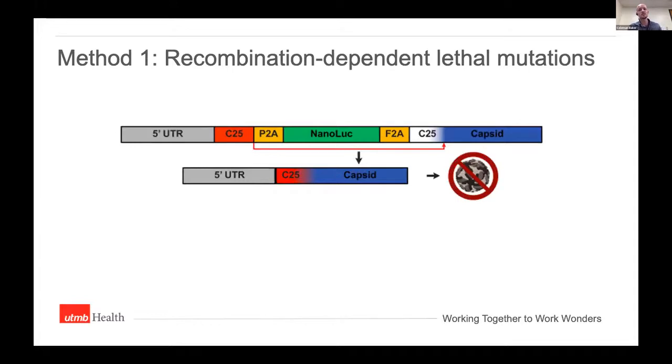To get around this and stabilize the virus, the first thing we did, method number 1, was recombination dependent lethal mutations, where we engineered mutations in this C25 region that didn't block the replication signals that are needed, which is why we have to duplicate this region. But if recombination happened and they were brought within the full capsid, this led to no viral particle formation.